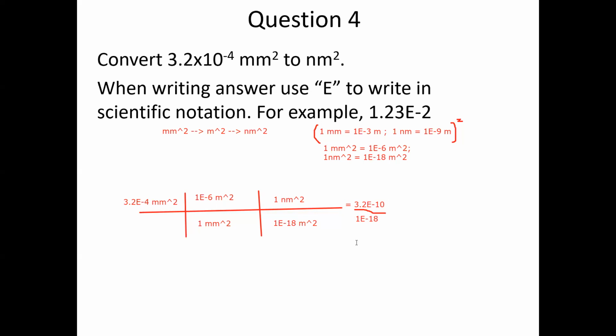So 10 to the negative 10 minus negative 18 gives us 3.2 e to the 8th nanometers squared. And you see here, 8 is larger than negative 4, the exponent, so the exponent increased. And so that goes in line with what we said earlier when we were talking about the prefixes.